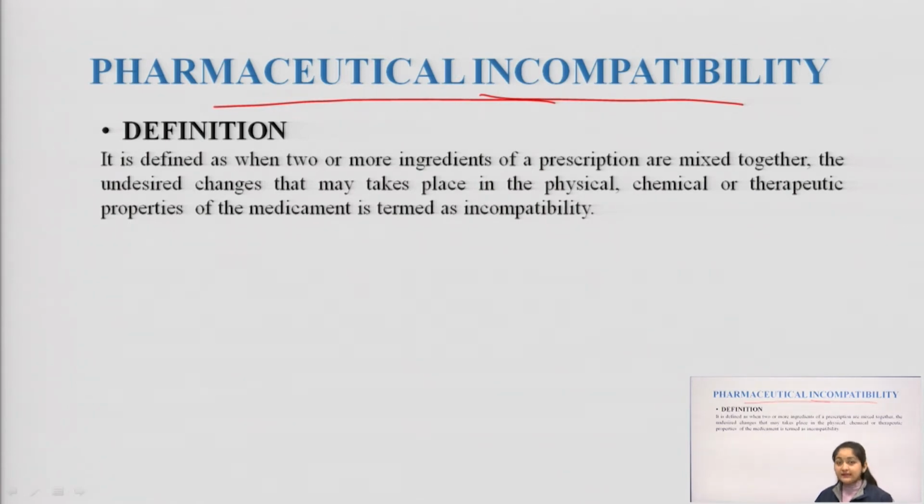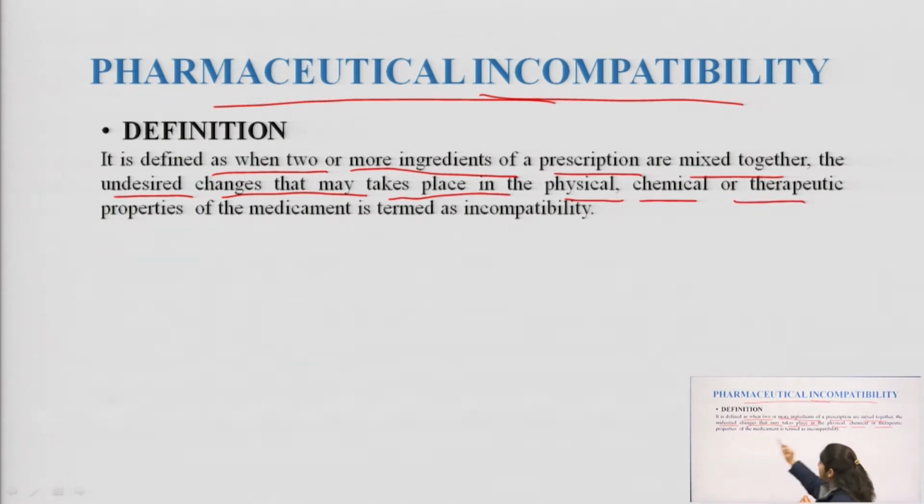Let us understand the definition of pharmaceutical incompatibility. It is defined as: when two or more ingredients of a prescription are mixed together, the undesired changes that may take place in the physical, chemical, or therapeutical properties of the medicament are termed as incompatibility or pharmaceutical incompatibility.